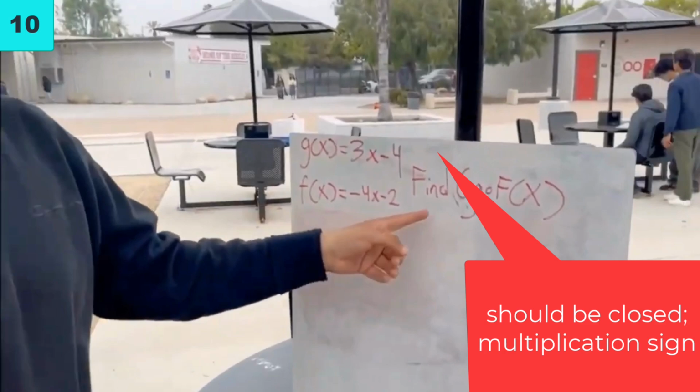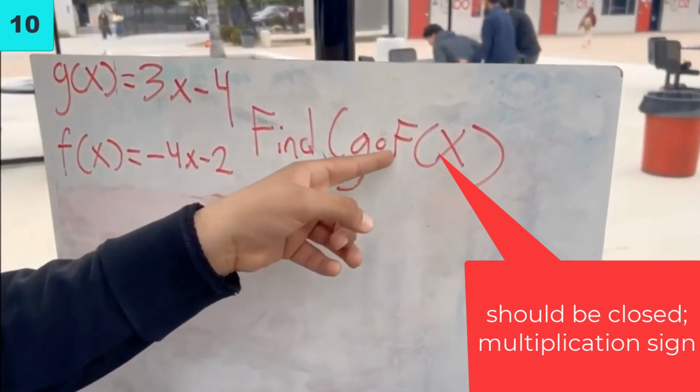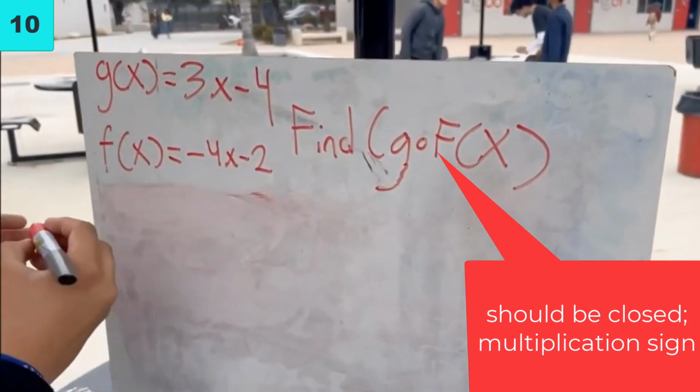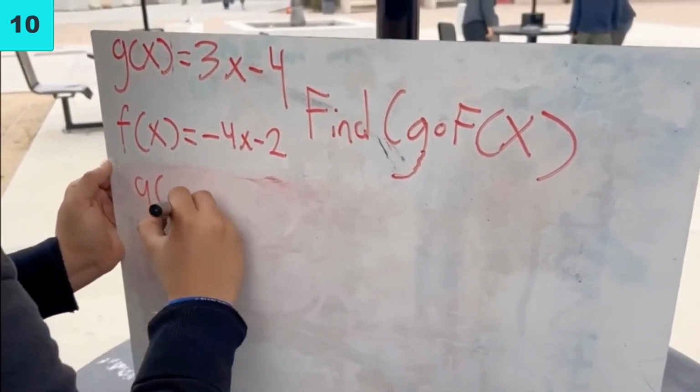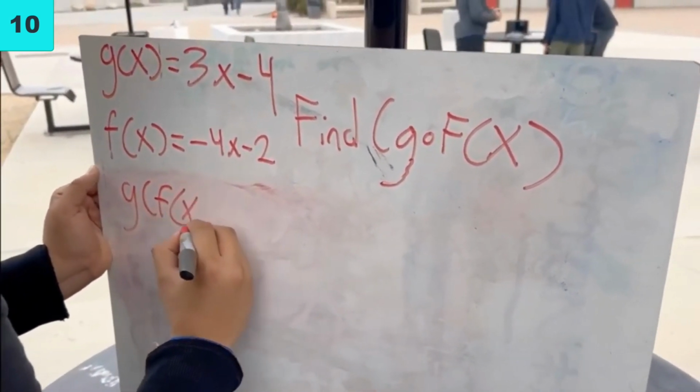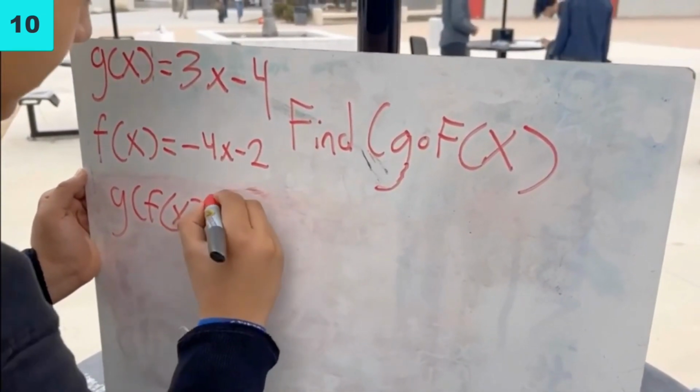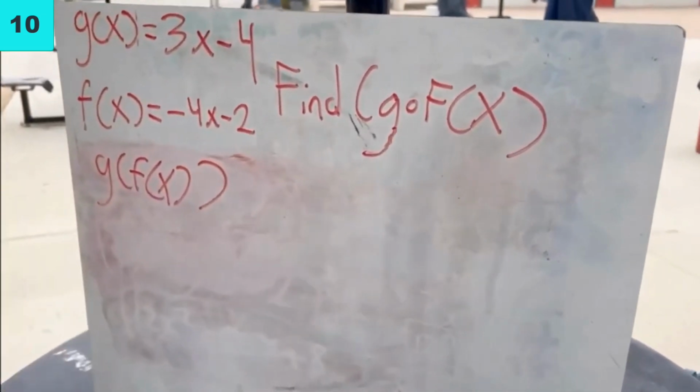So today we're gonna find g of fx. So we're gonna put g outside the parentheses, and we're gonna put fx because we're trying to find g of fx. We put x in parentheses and all of this in parentheses.